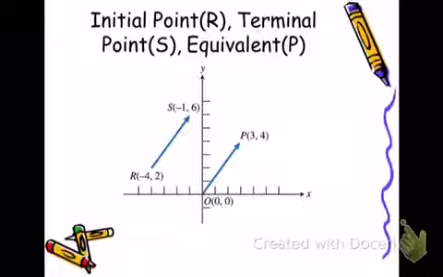What would we have to do to point R to make it 0, 0? We'd have to move it right 4 and down 2. What if we move this point right 4 and down 2? What do we get? What's negative 1 plus 4? 3. What's 6 minus 2? 4.